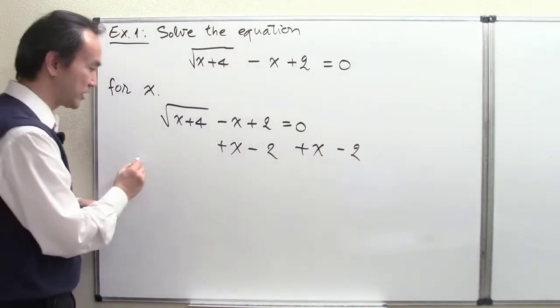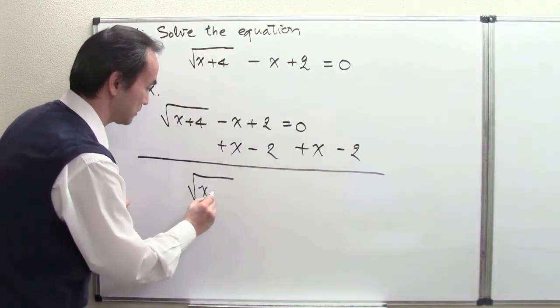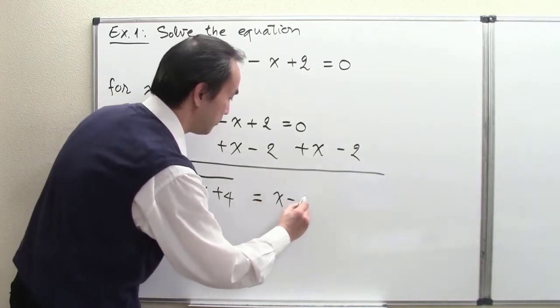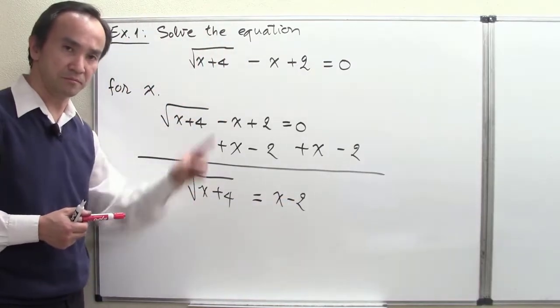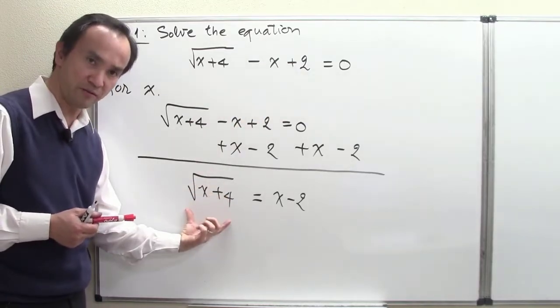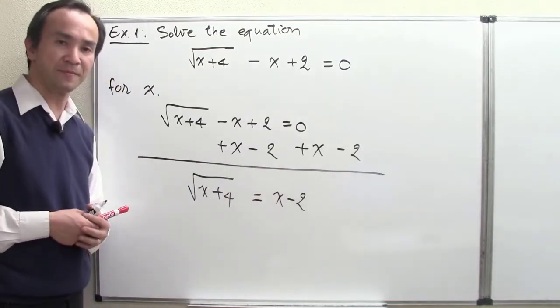So our resulting equation becomes the following: square root of x plus 4 equals x minus 2. And this is exactly what step 1 meant by putting the square root term on one side and leaving all other terms on the opposite side.